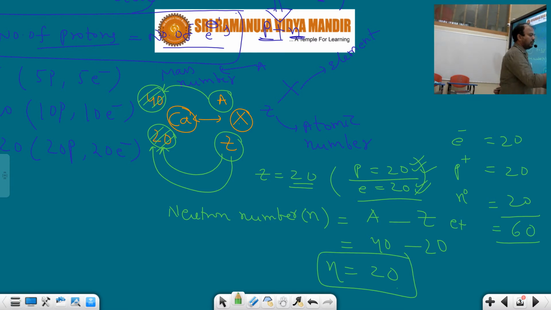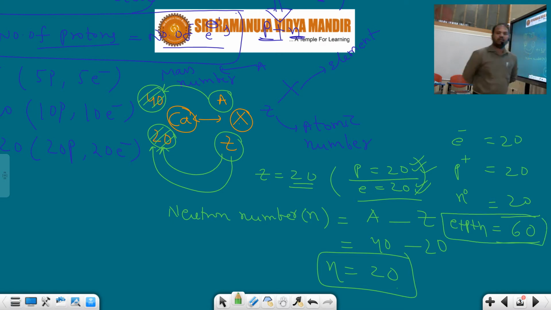That means electrons plus protons plus neutrons are 60. This is how to calculate the total number of fundamental particles, and what atomic number is.